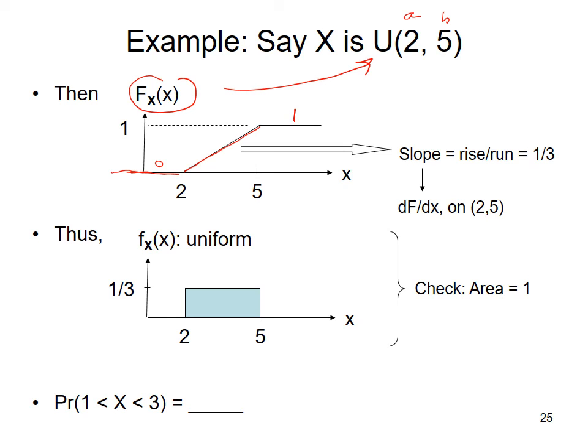So now what we want to do is find the little f, right? We said they were information equivalent, so we ought to be able to use capital F to find little f. So I look at this graph, and the first thing I do is look at the function right here to the left of 2, and think about what the slope is.